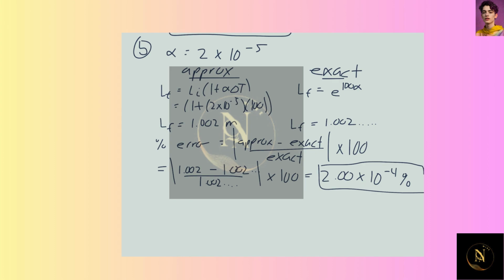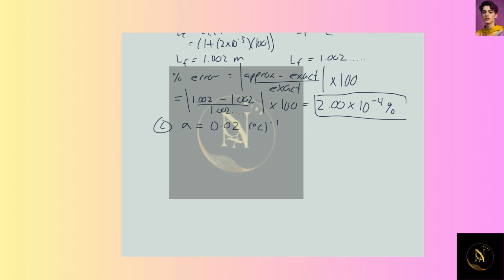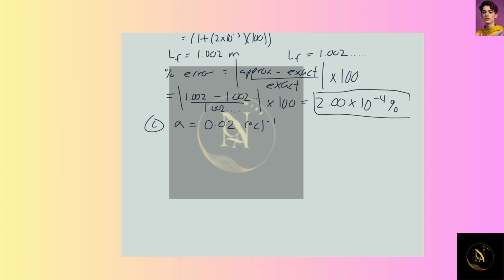Now for part C, our linear expansion coefficient is just equal to 0.02 inverse degrees Celsius. Didn't say that before, but I'll say that now. And so our approximation, I'm going to do that on the left side as well, is equal to 1 times 1 plus alpha, which is 0.02, times delta T, which is 100. And we should get 3 meters.